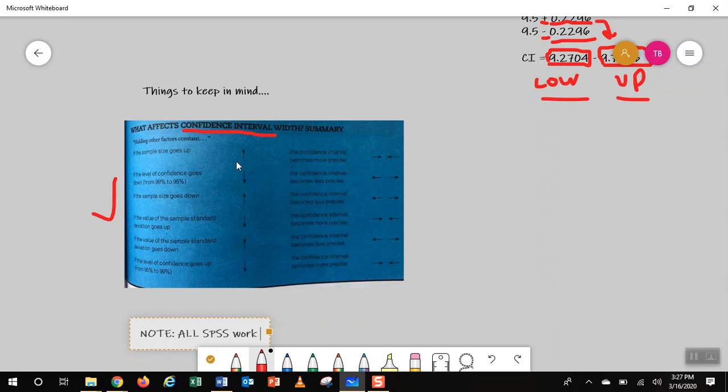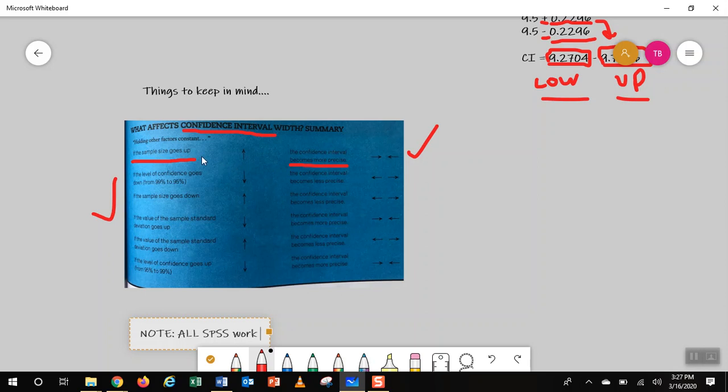precise you are. And what I mean by that is, for instance, if the sample size goes up, the confidence level becomes more precise, meaning you're more sure that you got it right. And that's because, remember, as the sample size gets closer to the actual number, the more precise you're going to be.